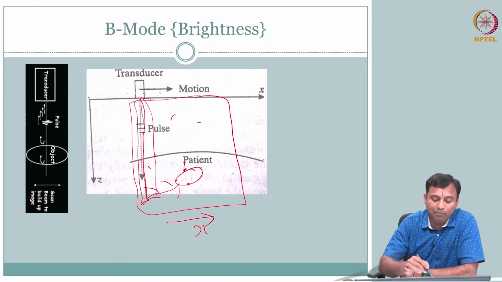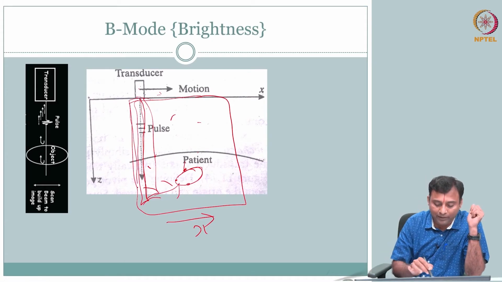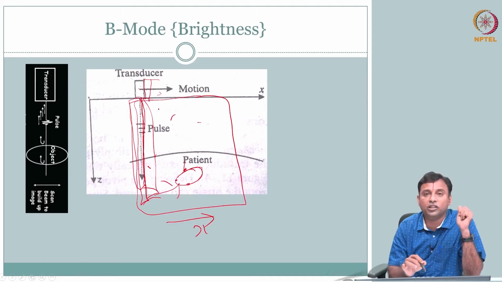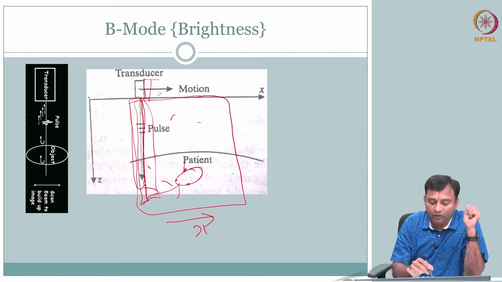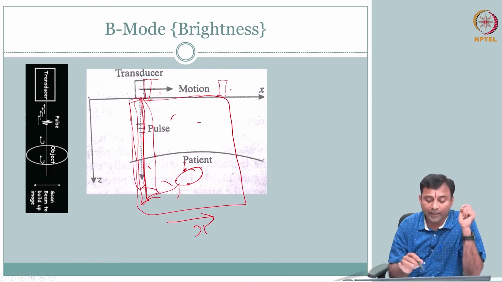The idea is I am building this image line by line. First I get one time trace here, next this transducer is moved like this, and I get the next. Let me not clutter it here. You do the same process, say I am here, so I can have different lines stacked next to each other and form an image. But this is very simplistic.